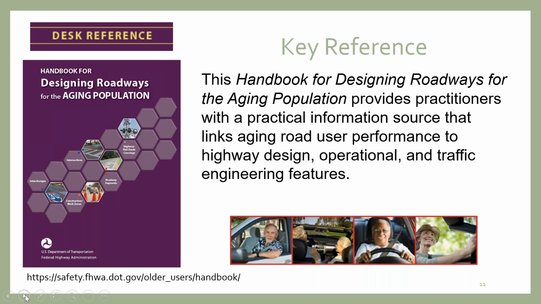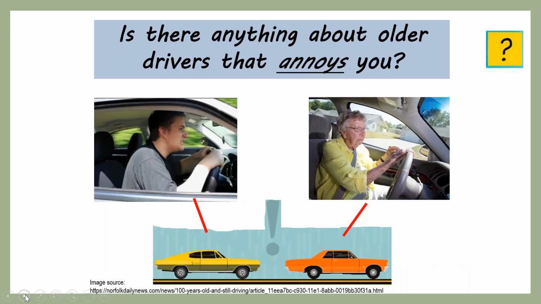The desk reference keeps the information limited to just the recommendations, whereas the full handbook includes a lot of the background information and supporting research that led to the recommendations. So if you want the full version, I'd encourage you to download the handbook. If you're primarily interested in the recommendations themselves, then the desk reference is a great resource. Both are available from FHWA as free PDF files.